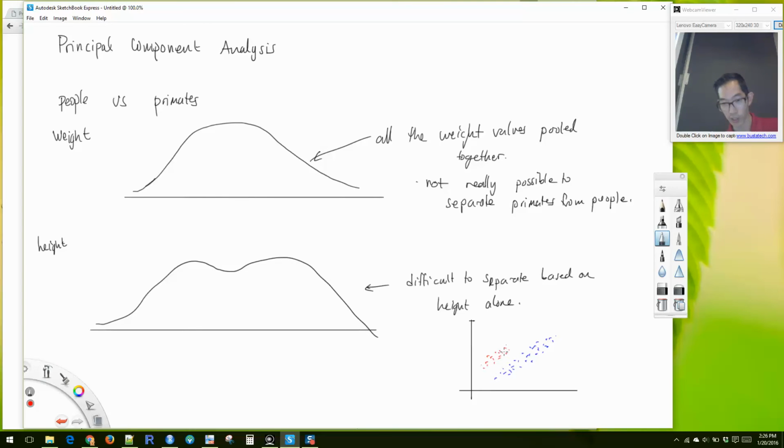Actually, I think I have this the opposite. Given the same amount of weight, the human will probably be taller. And so with something like this, we might be able to draw some kind of way to distinguish between humans and primates when we look at them together.